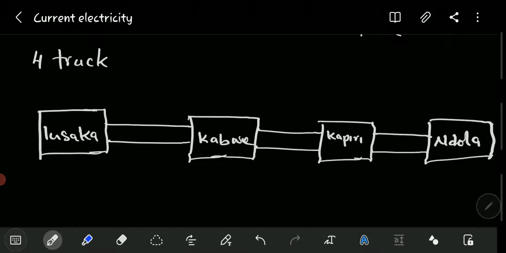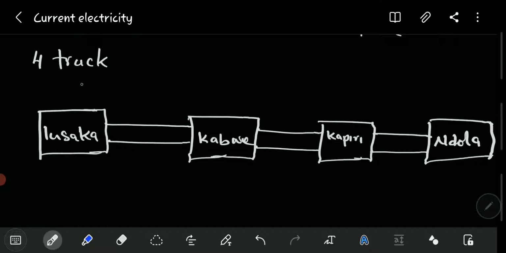They need to reach Ndola, refuel, and go back to Lusaka. And the following day, the journey starts again. Now, the question is, how many trucks will pass through Kabwe every day carrying bread?